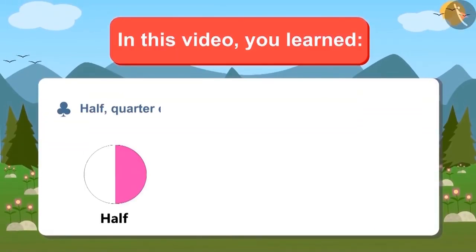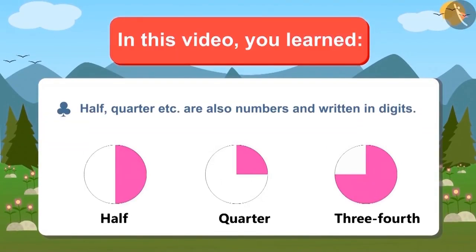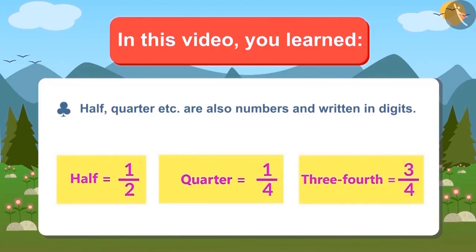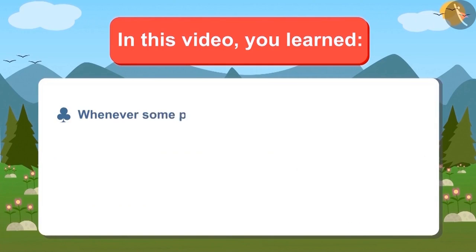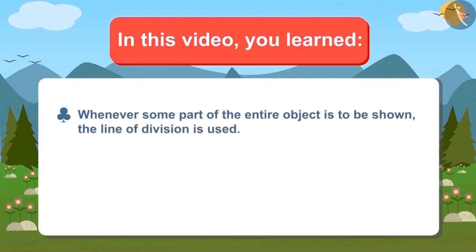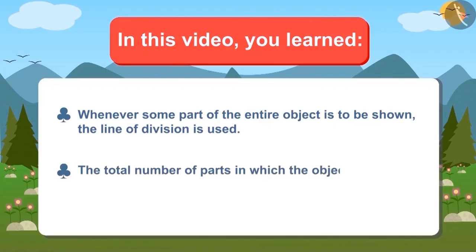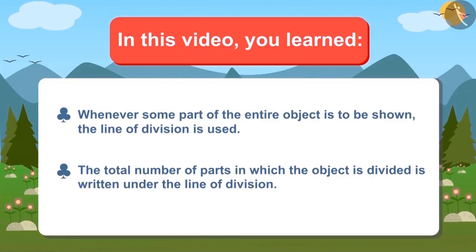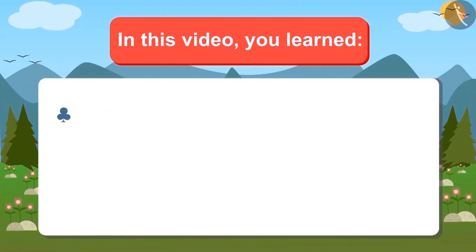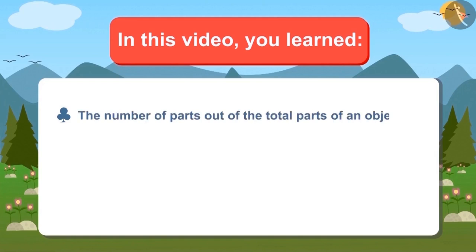In this video, we have learned that half, quarter, etc. are also numbers and they can be written in digits. And whenever some part of the entire object is to be shown, then the line of division is used. The total number of parts in which the object is divided is written under the line. And the number of parts out of the total is written above the line.